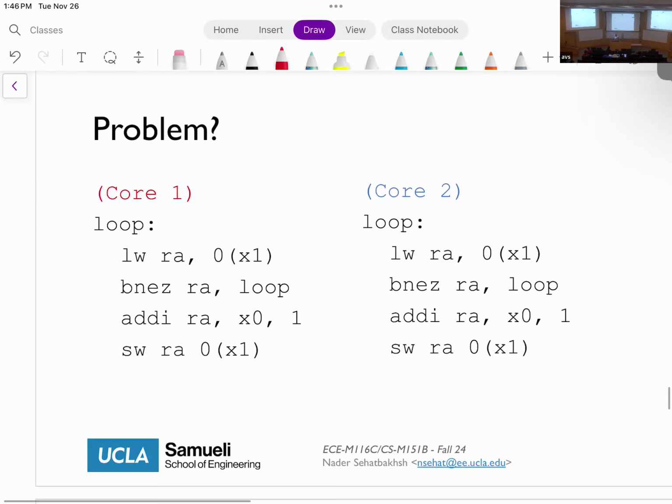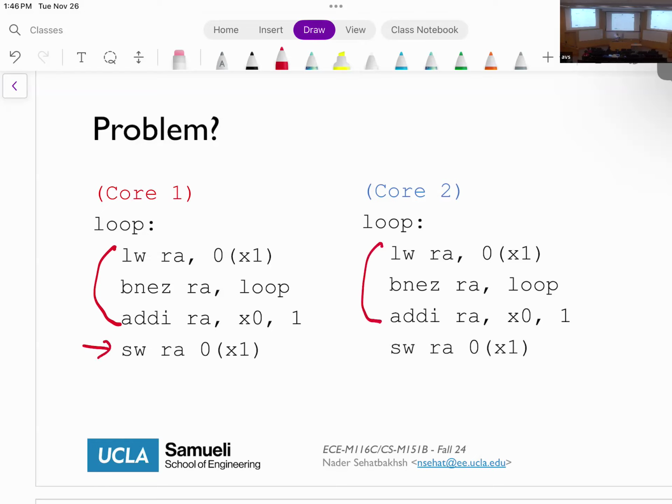So what is a big problem with this? Consider 2 cores like this, that they're both trying to acquire the lock, okay? Consider a scenario like this, that I run this load before the other core writes its store.